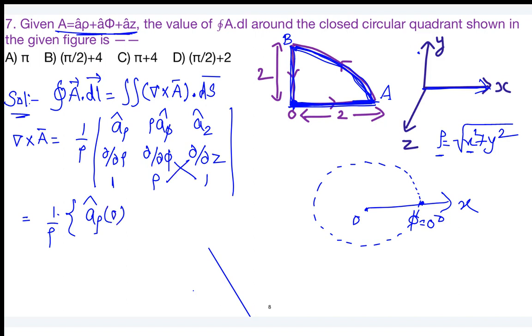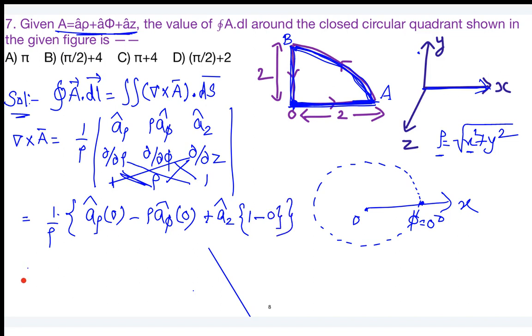This also will get 0, plus az cap into dou by dou rho of rho, which will be 1 here, and dou by dou phi of 1 will be 0. So what is the value of curl of A you are getting? There is no rho coefficient and phi coefficient. Straight away you will get az cap divided by rho. The same thing you got, please cross check. Is it correct?